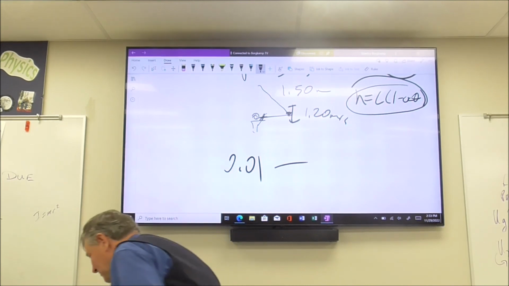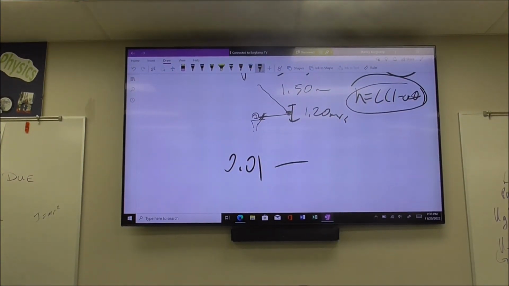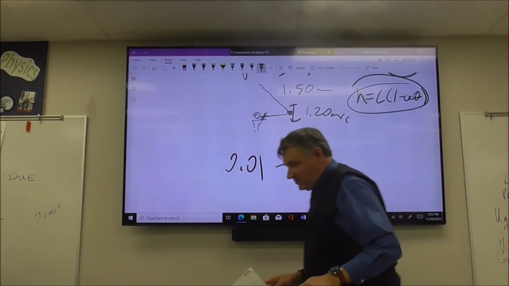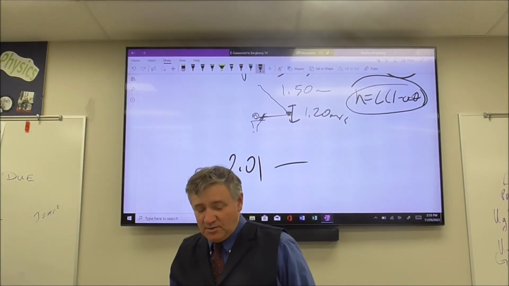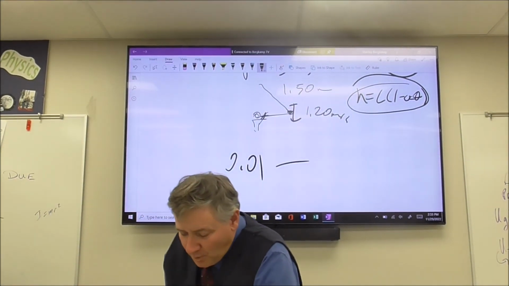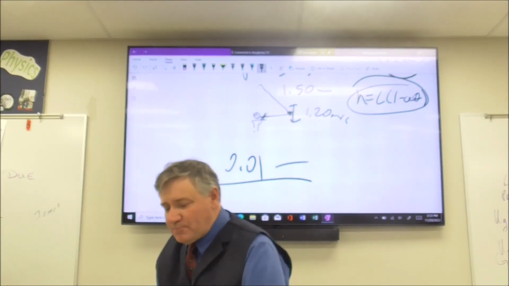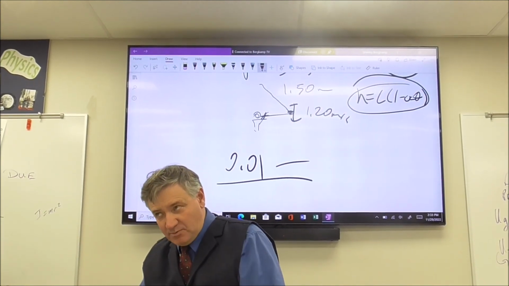Now, let me give you a hint on number 4. If your answer to 4A is wrong, everything else is going to be wrong. So let me give you some hints along the way. The answer to 4A should be 0.01 something radians per second squared.